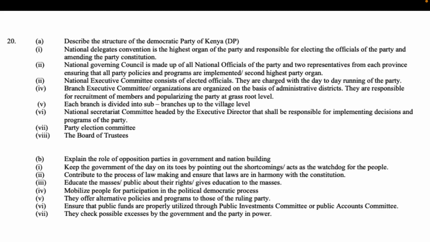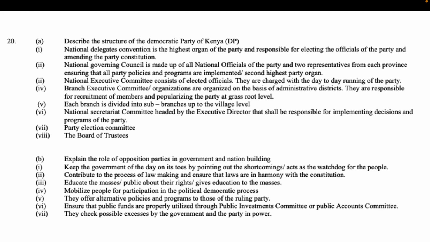B. Explain the role of opposition parties in government and nation building. One, keep the government of the day on its toes by pointing out the shortcomings; they act as the watchdog for the people. Two, contribute to the process of law-making and ensure that laws are in harmony with the Constitution. Three, educate the masses about their rights.